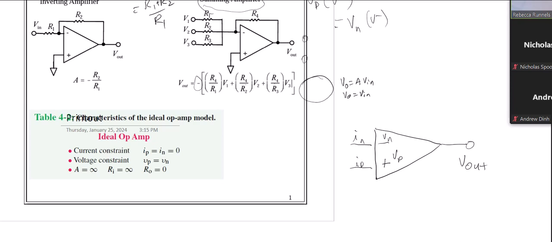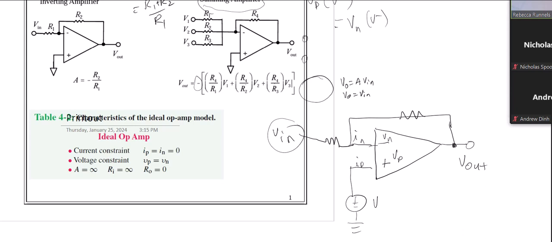And what is true for an ideal op amp, let's say I've got VN right here, and maybe a resistor, and maybe a resistor here, and maybe a voltage source here, and another voltage source here. These two don't have to be the same in this instance.